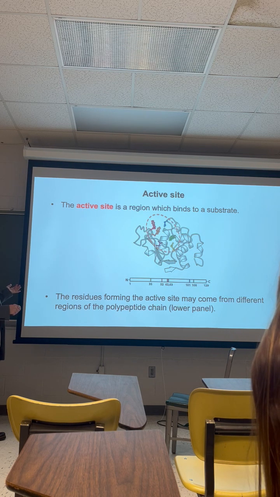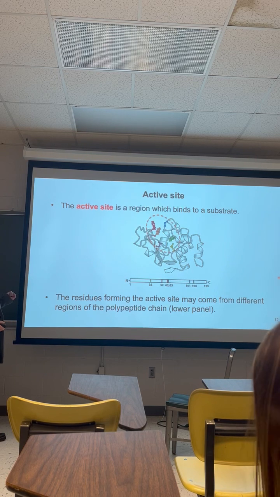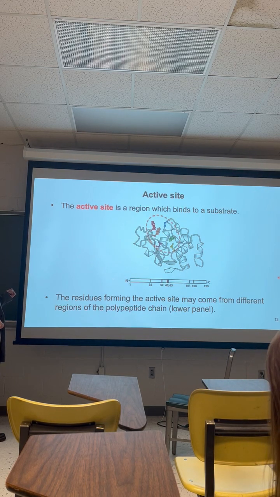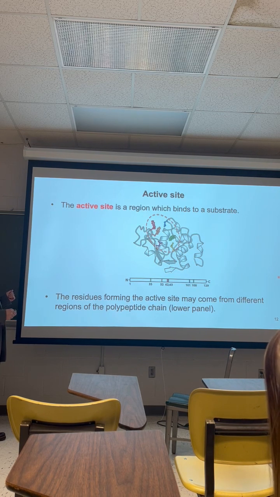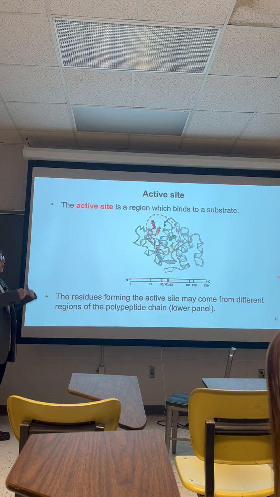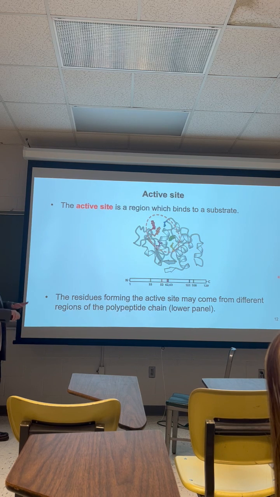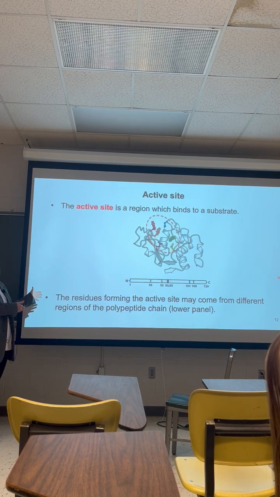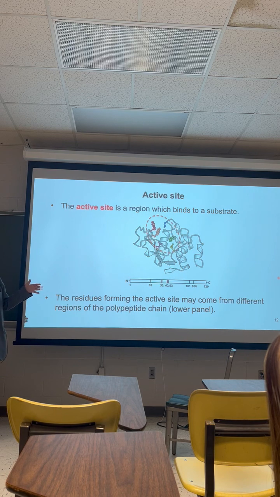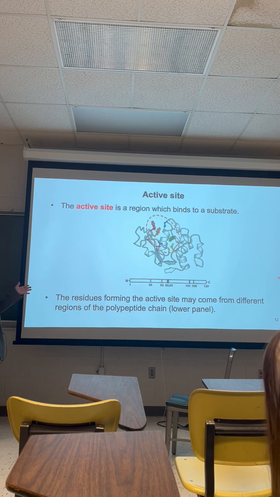So here you have that tertiary structure of a protein, and at the bottom you have a primary structure or sequence from N to C terminus. And what this slide is showing you is that when you look at the properly folded protein, the active site is indicated with this orange dashed line, and it is actually the place in the protein where the substrate would bind.